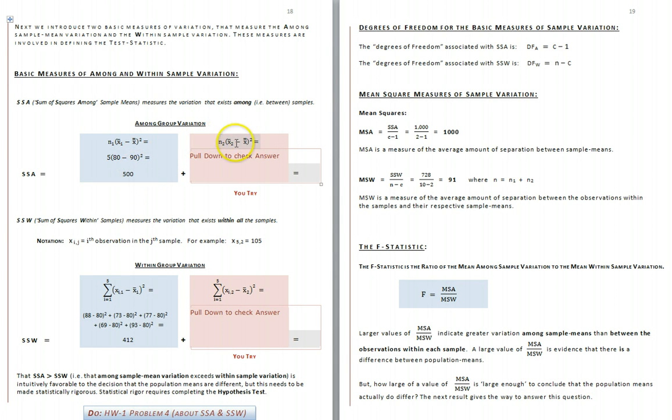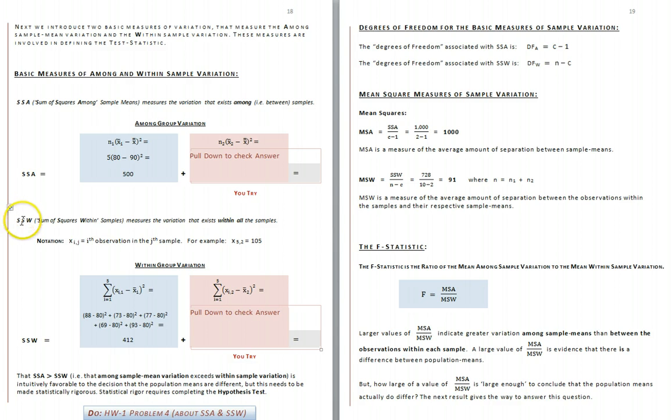Now, you go ahead and you can figure this one out, and if you really need to, you can pull down that text box and find out what the answer is. And also, you're going to want to add the 500 that you get from the first sample to whatever you got over here to get the total. And that'll give you SSA.